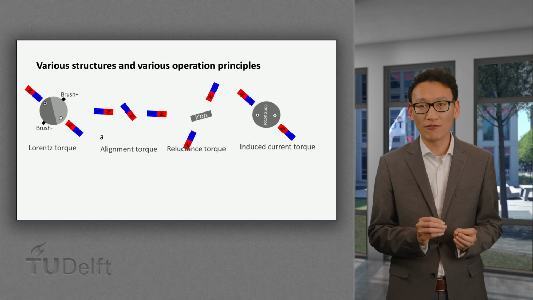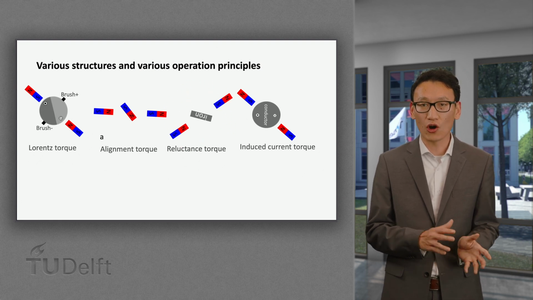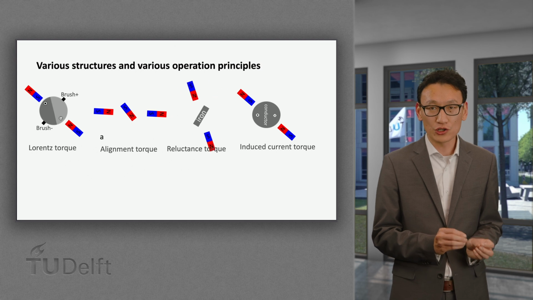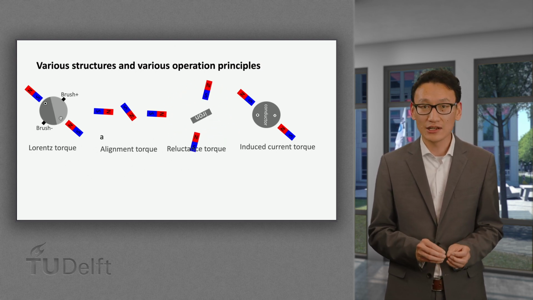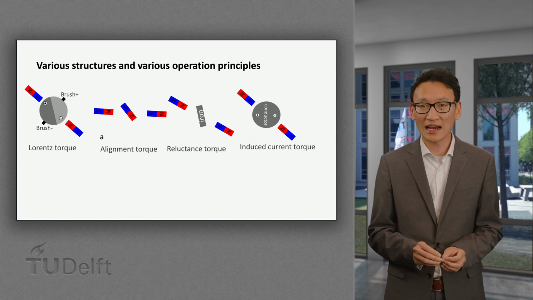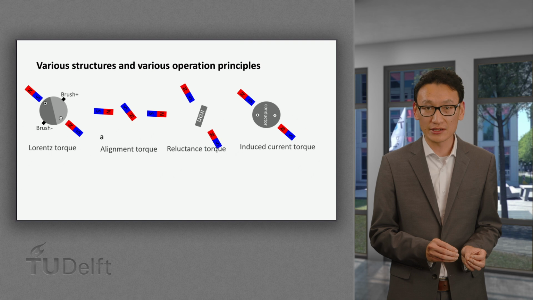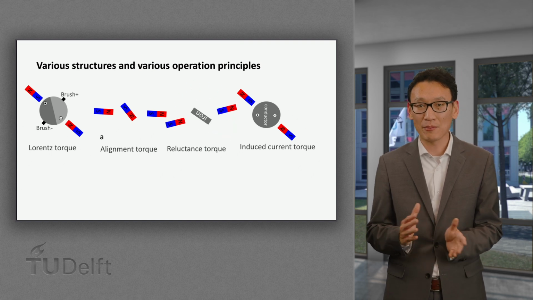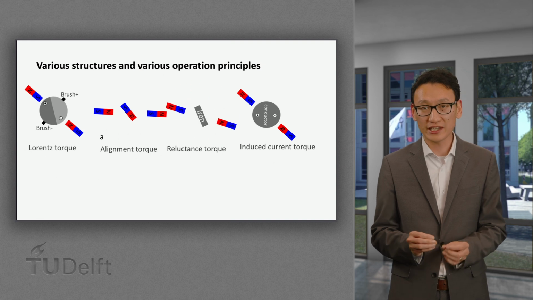The principle of the third one is called reluctance torque, where the torque is produced because the rotor iron poles tend to align to the magnetic flux lines, so that minimal magnetic reluctance is achieved. The rotor here also rotates at synchronous speed. The difference compared to the alignment torque is that the rotor poles are purely passive iron poles here.